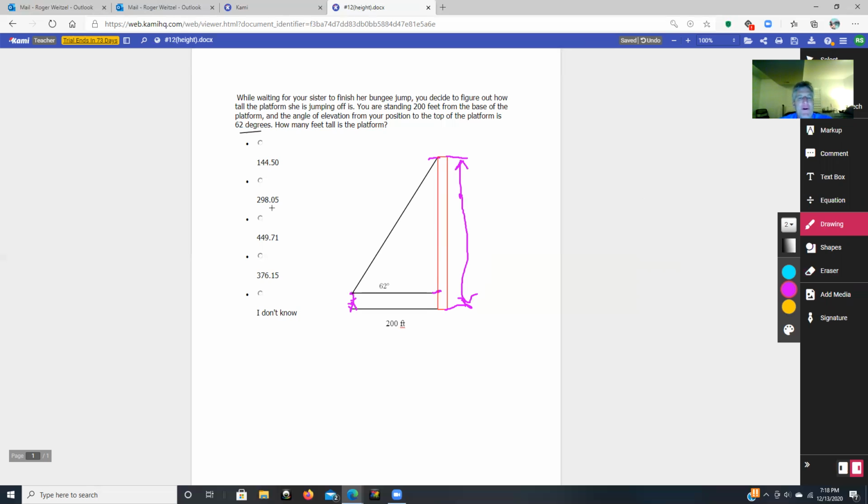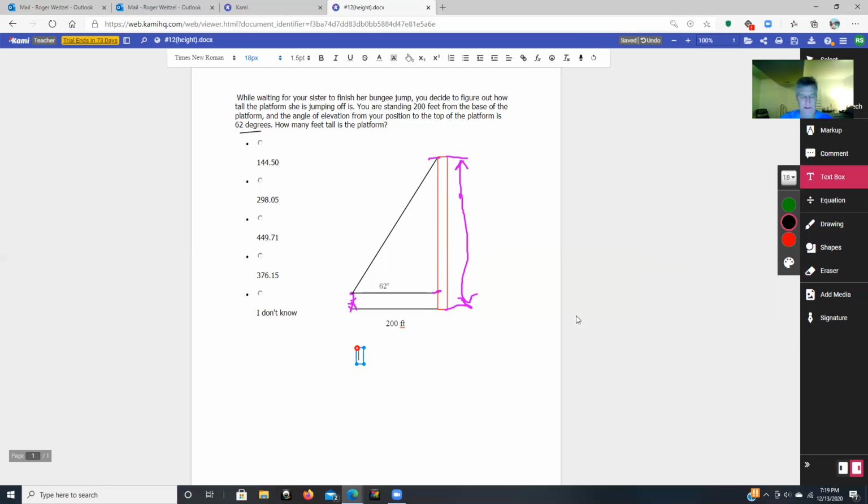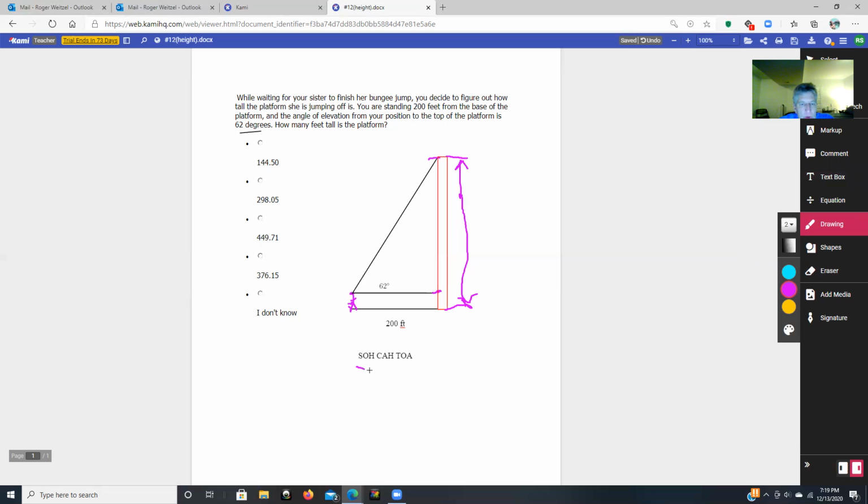All right, we are going to use right angle trig here. So we are going to use our little crutch here, SOHCAHTOA, in capital letters. Just to refresh your memory, this is our little crutch for remembering the ratios of a right triangle. S is sine, opposite over hypotenuse.